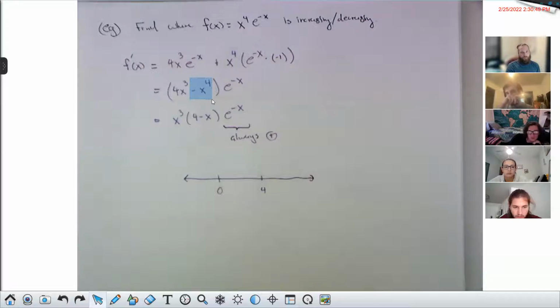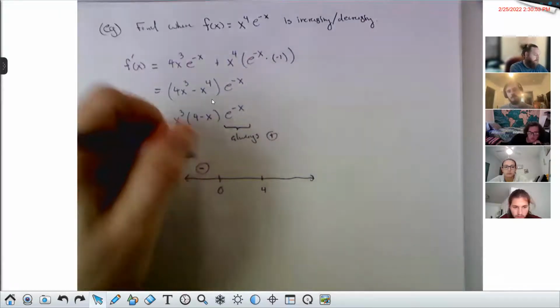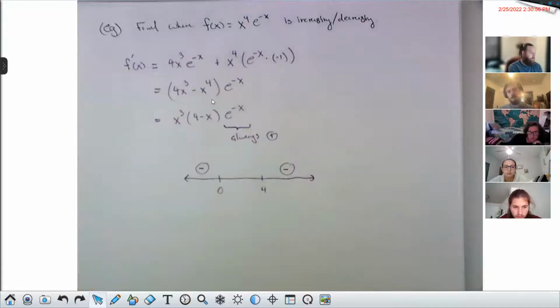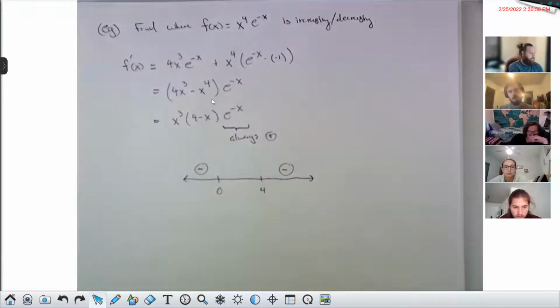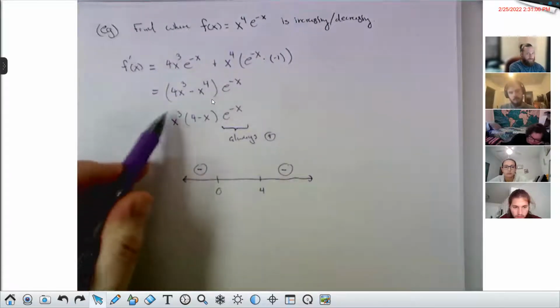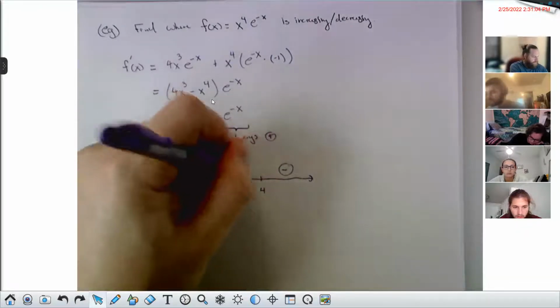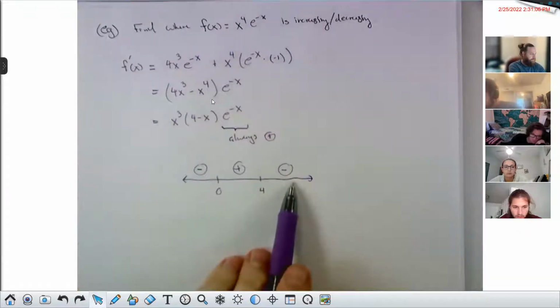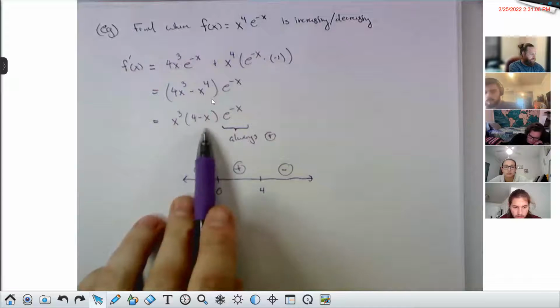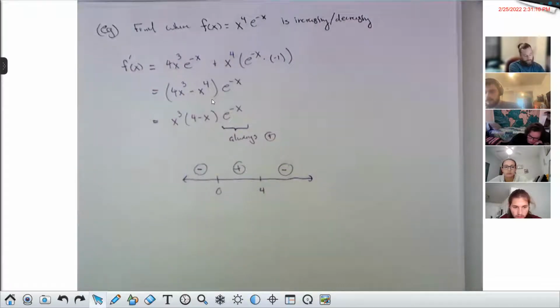This would be a 4th degree polynomial with a negative lead coefficient. So that tells me that we are negative here and here. And as we hop over the root at 0, it being an odd multiplicity 3, we will change sign there. And we can verify that this should be negative because we should change sign as we hop over the multiplicity 1 root of 4. So we're done.